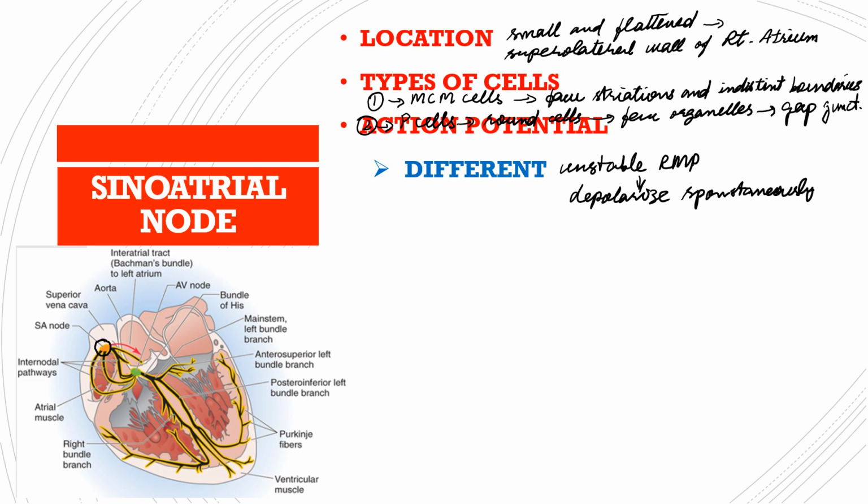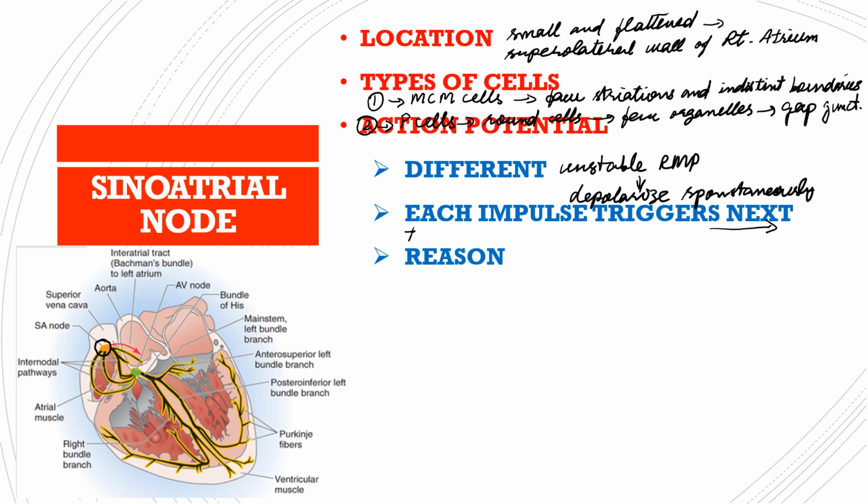As they depolarize spontaneously, they generate impulses. When they generate impulses, that impulse travels through the whole heart, and each impulse then triggers the next impulse, and in this way this cycle remains in continuation.